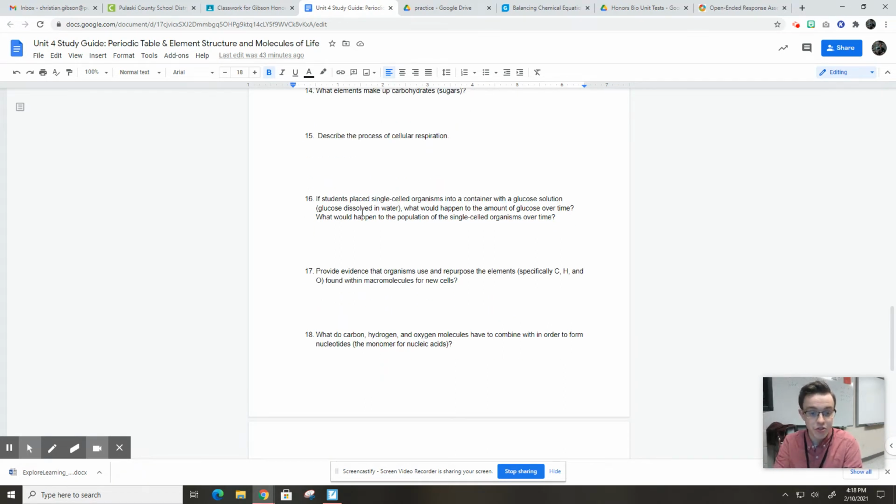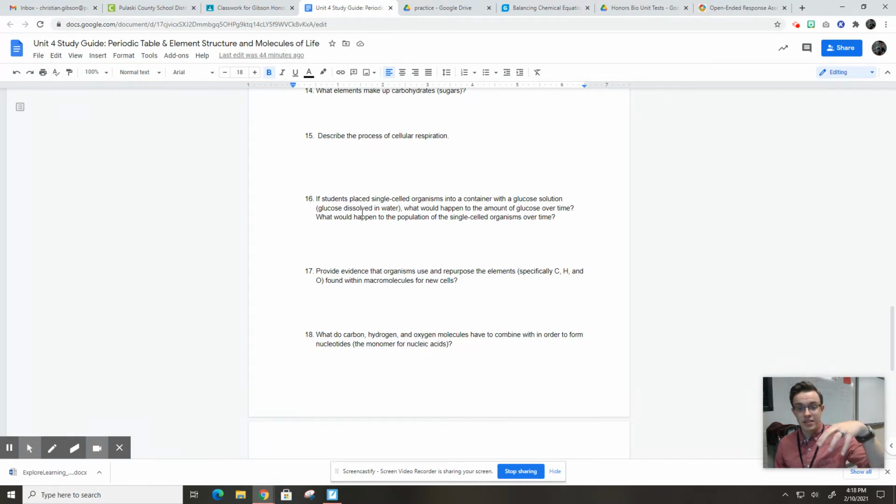Number 16, if students place single-celled organisms into a container with a glucose solution, which is just glucose dissolved in water, what would happen to the amount of glucose over time? So every living thing on the planet, pretty much, at least for the purposes of this class, needs glucose in order to do cellular respiration to make energy.